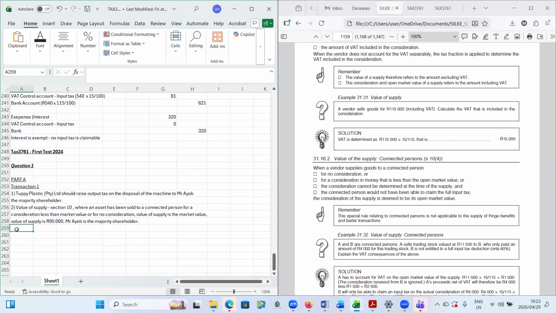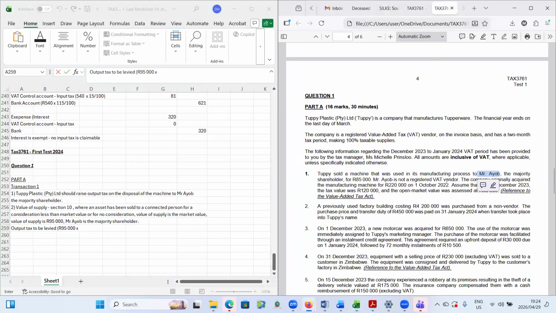Okay, then let's calculate the output tax. So the output tax to be levied is 95,000 rand multiplied by, does the amount include the VAT? Yes, market value always includes the VAT. If you are using market value, just know that it includes VAT.